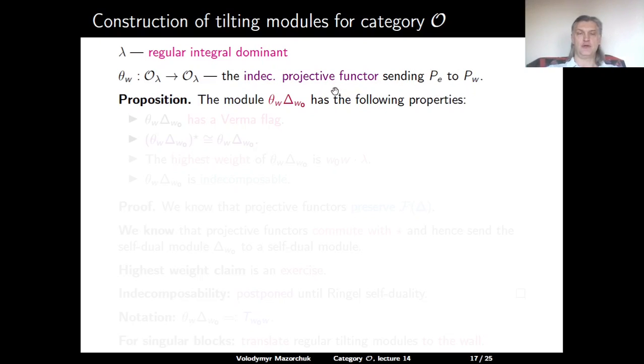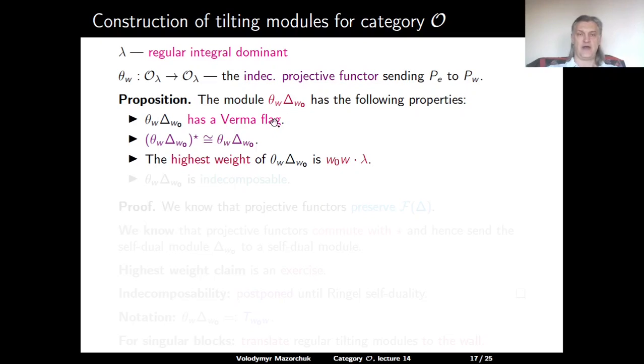Proposition: the module θ_w applied to the simple Verma module Δ(w0) has the following properties. First, it has a Verma flag. Second, it is self-dual with respect to the simple preserving duality. Third, the highest weight of this module is w0 w dot lambda. And finally, this module is indecomposable.